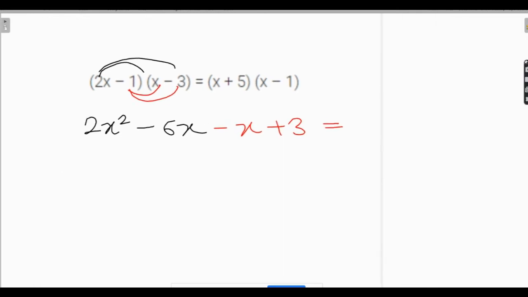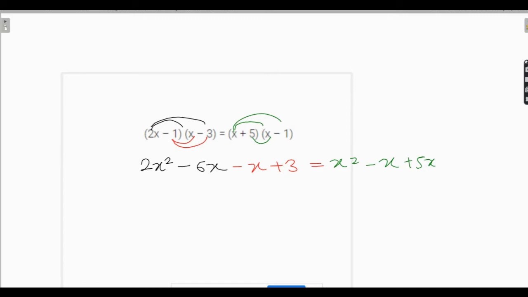Now let's look at this bracket. Let's open it up fast. x into x, x square. x into minus 1 is minus x, 5 into x is 5x, and 5 into minus 1 is minus 5. Okay, now just bring equal terms on this side.